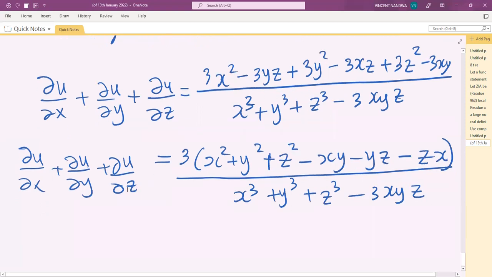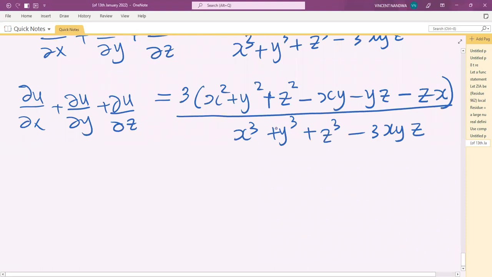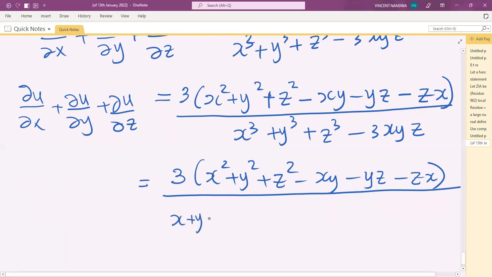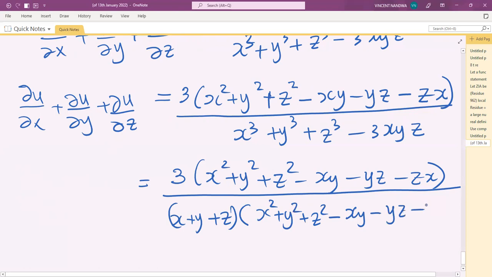Now, you should see that this denominator can be written in the form x plus y plus z, then multiplied by x squared plus y squared plus z squared minus xy minus yz minus zx.